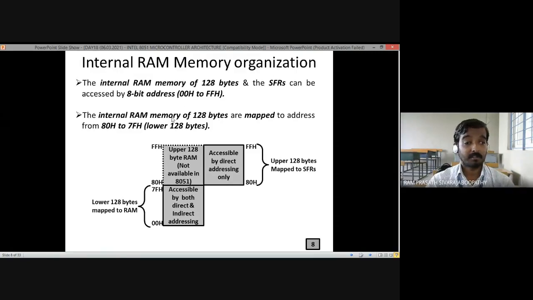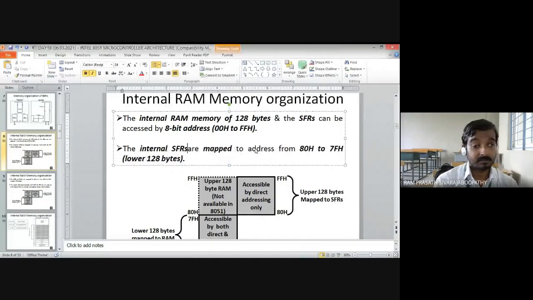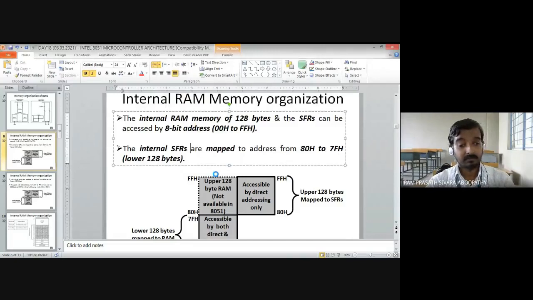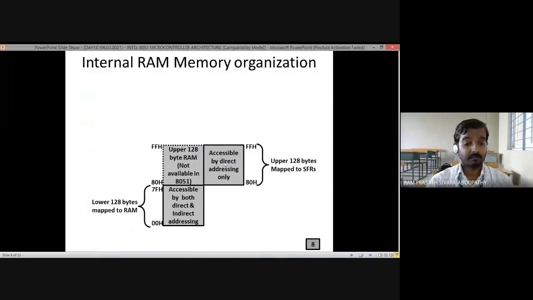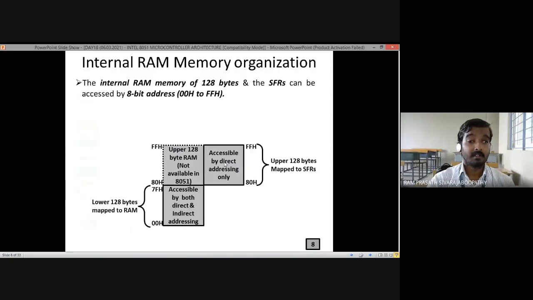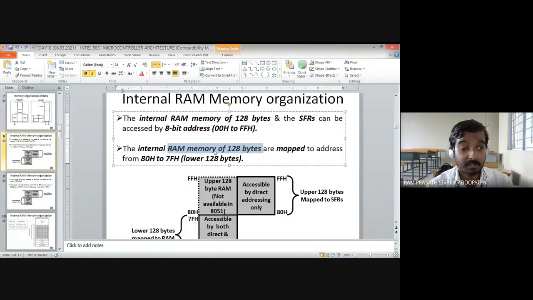Wait a minute. Okay, so internal RAM memory of 128 bytes and SFR can be accessed by an 8-bit address. I think here it is correct. It's correct only. Sorry.